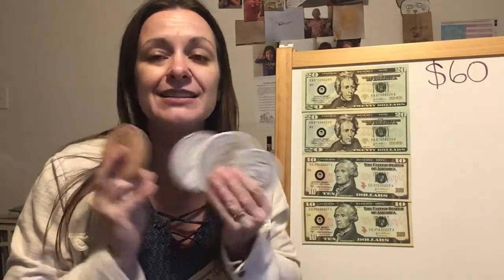I want you to really practice getting to know how much these coins are worth, because if you're not sure how much they are, it makes them a lot harder to count, right? So really practice counting these and maybe drill yourself like, what's this? It's a quarter. It's worth 25 cents. Kind of ask your mom or dad if you can raid their purse or their penny jar or something and practice on those coins, okay?